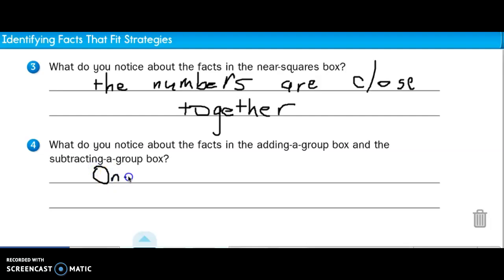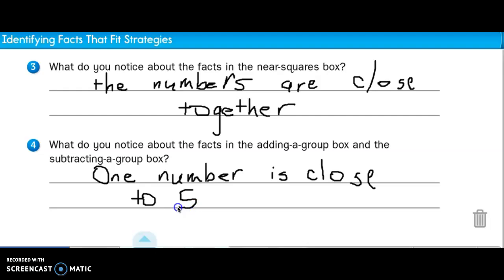So at least one of the numbers is close to 5.